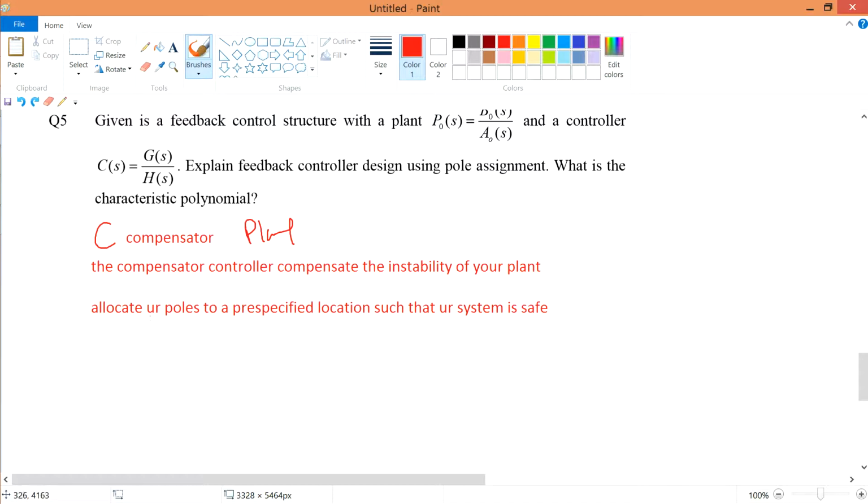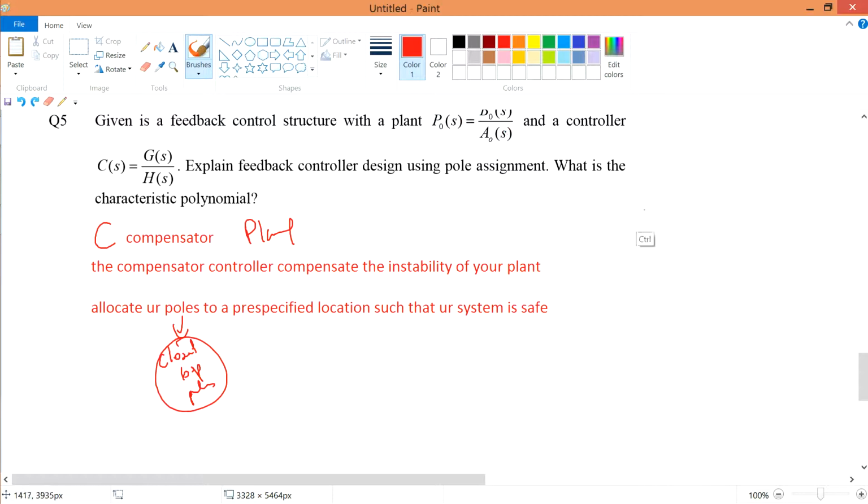And you have to allocate your poles, and don't just write poles only, you have to write closed loop poles, because closed loop poles are the things that will cause the system to be stable or unstable. This closed loop is very important. So please take note, it's closed loop poles, it's not open loop. You want to allocate your poles to a pre-specified location such that your system is safe.